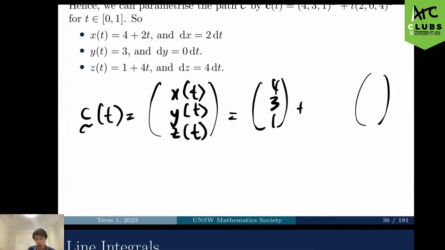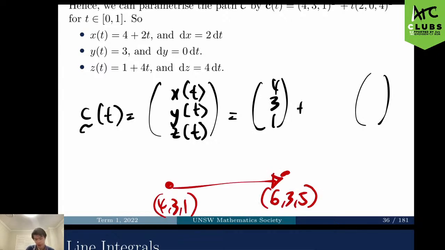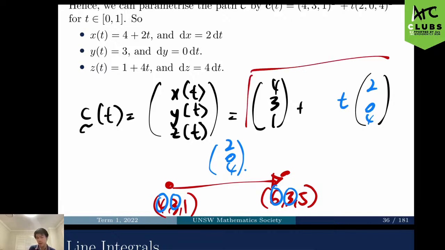Well, what is the line from (4, 3, 1) to (6, 3, 5)? That's the direction vector too. So 6 minus 4 is 2, 3 minus 3 is 0, 5 minus 1 is 4. So we've got (2, 0, 4) times t. That's pretty good. So this is C(t).